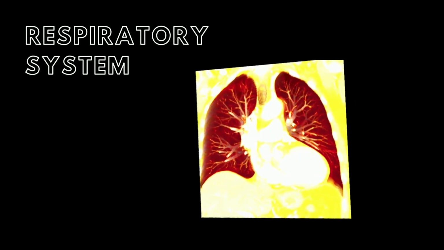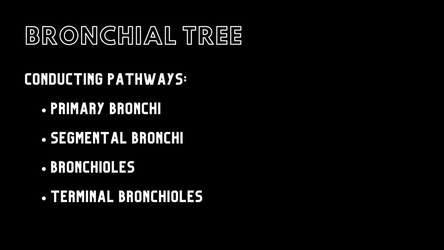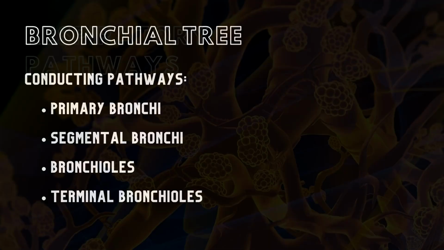The conducting and respiratory pathways within the lung branch repeatedly, forming the bronchial tree. With each division, the diameter of the conducting and respiratory pathways decreases, and the surface area increases. The conducting pathways do not participate in gas exchange and consist of the primary bronchi, segmental bronchi, bronchioles, and terminal bronchioles.